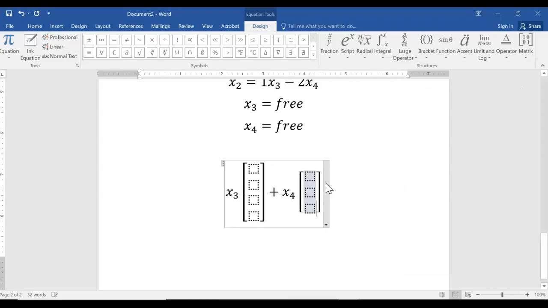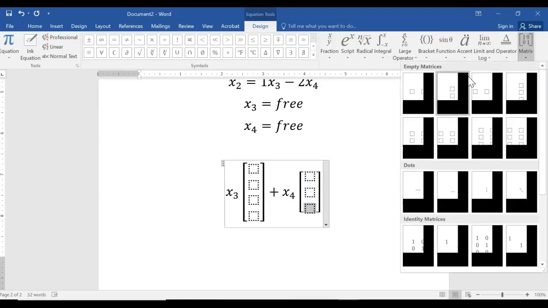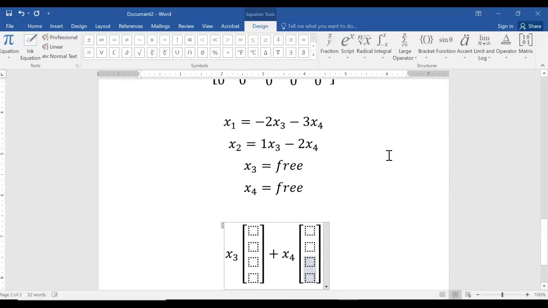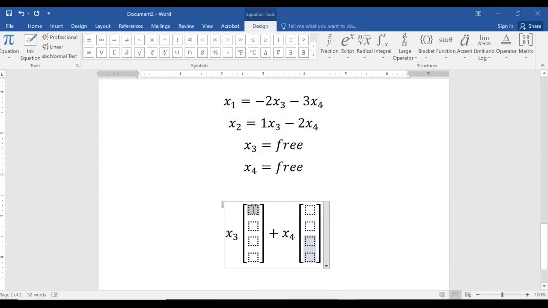So a vector from R4. And what those vectors are going to be, well, they're going to have entries.